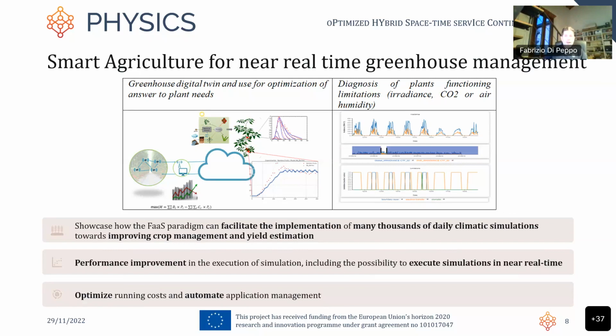Showcase how the FaaS paradigm can facilitate the implementation of many thousands of daily climatic simulations towards improving crop management and yield estimation. Performance improvement in the execution of simulation, including the possibility to execute simulation in near real time. Optimize running costs and automate application management.